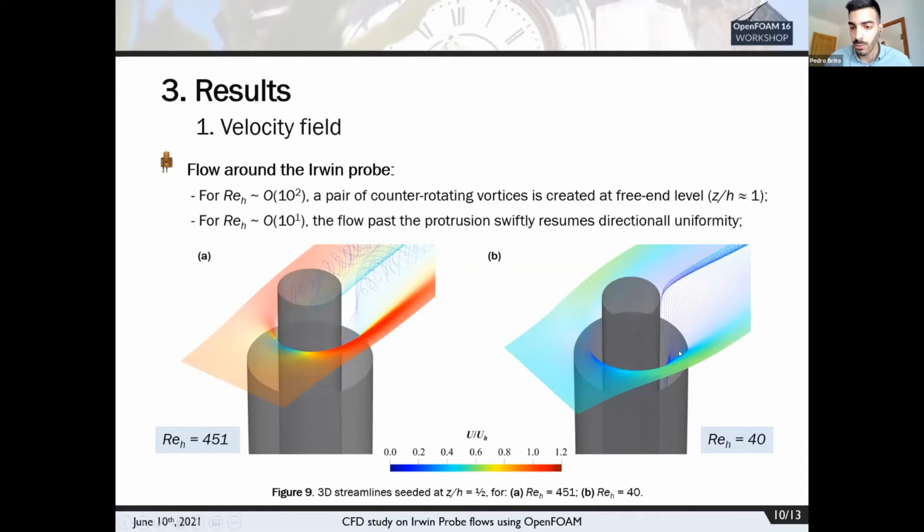In fact, the flow resumes almost instantly its directional uniformity, and no coherent flow features were found. So this begs the question of whether there is a Reynolds threshold between these two orders of magnitude, above which the typical wake patterns of low aspect ratio wall-mounted obstacles arise in the wake of Irwin probes.